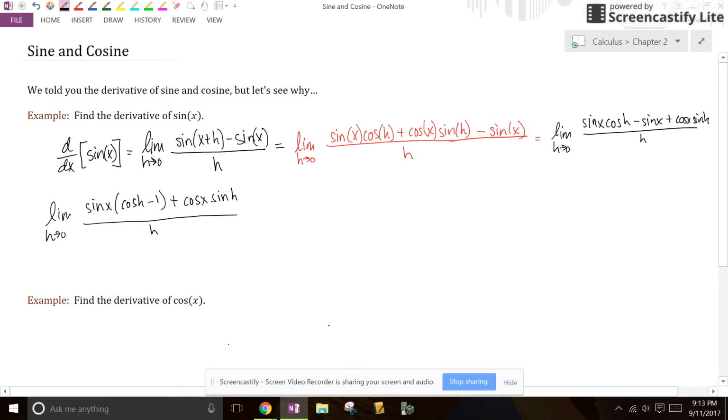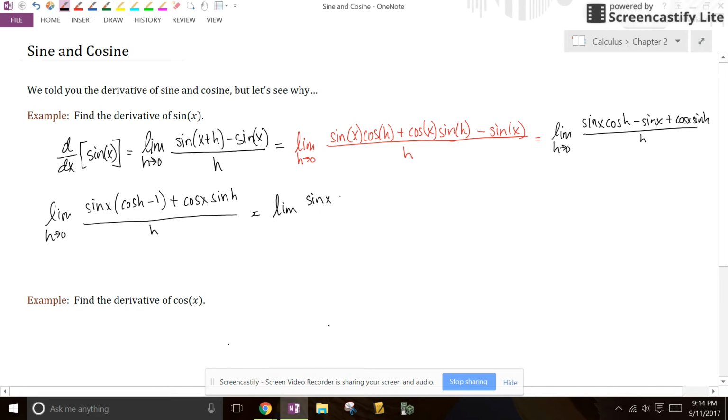Now we have two fractions added together because they had a common denominator. It would be much easier to do this limit if they were separated. So I want to separate them. And remember, if you separate two limits, you can add those two limits together.